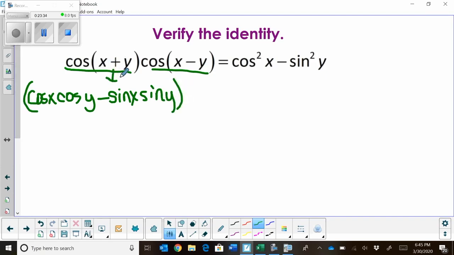That's the first one expanded. Now let's expand the second one. This is going to look the same, only the sign in the center is going to be opposite, right? So I've got cosine x, cosine y, plus sine x and sine y.